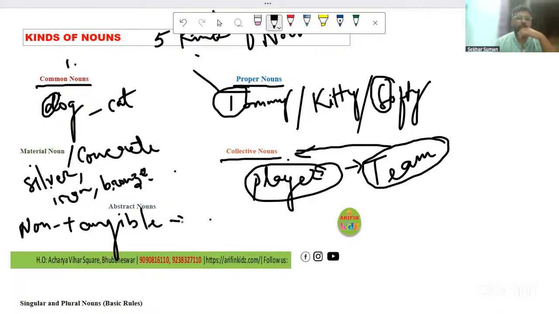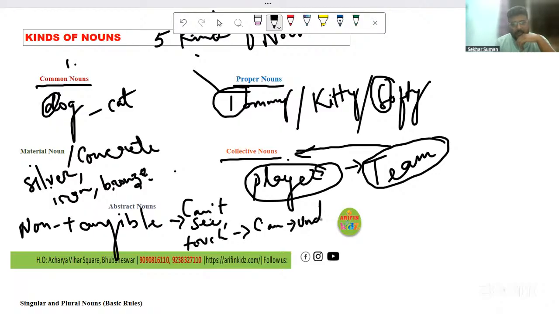Non-tangible in the sense which we can't see, touch, but we can understand or we can feel it.